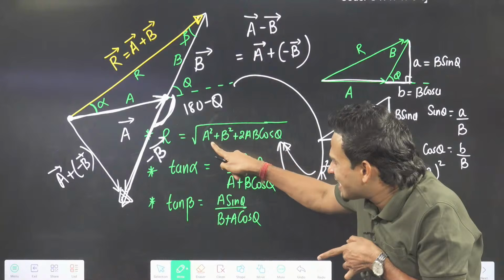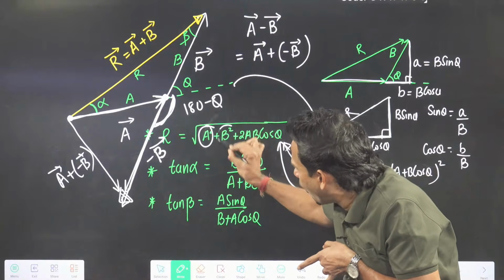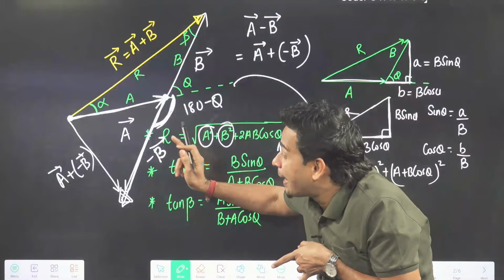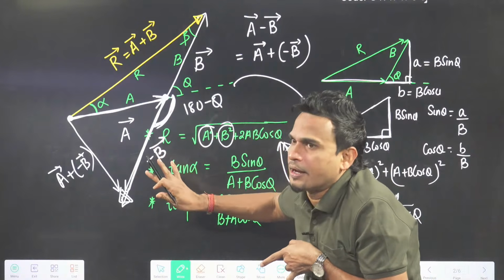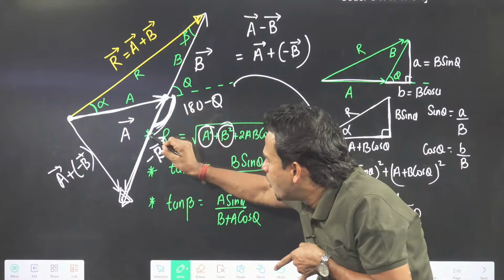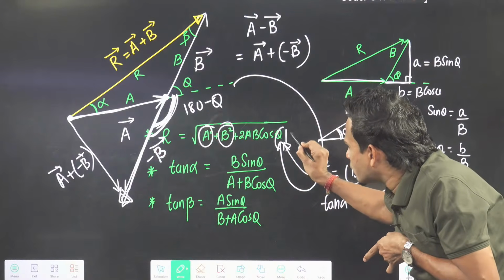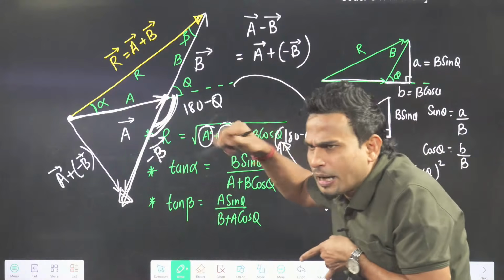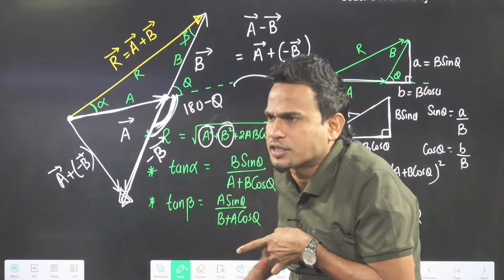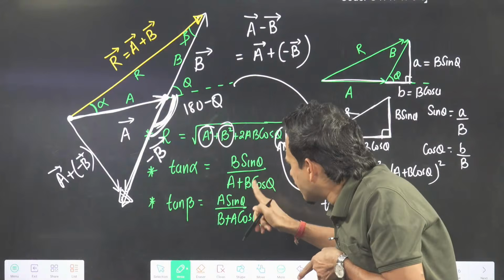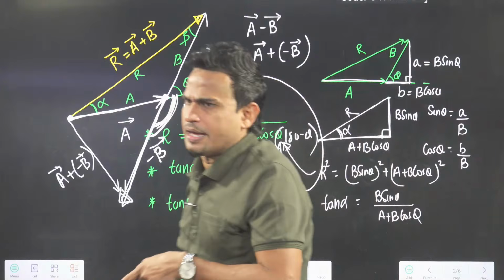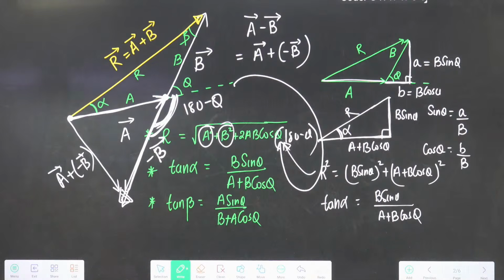Here plus was, this cannot be changed. These are the magnitudes, they will always be positive. So the formula will become under root of A square plus B square minus 2AB cos theta. Here it will become B sin theta by A minus B cos theta. Here it will become A sin theta by B minus A cos theta. Are you getting this idea, bhai? I just tried to explain to you.